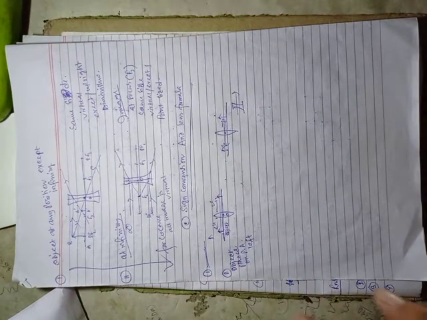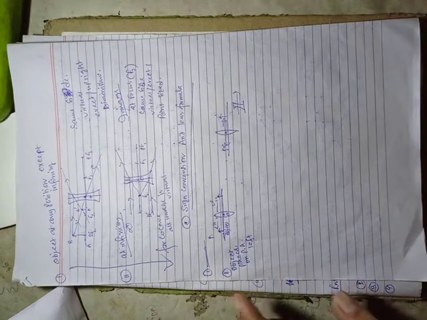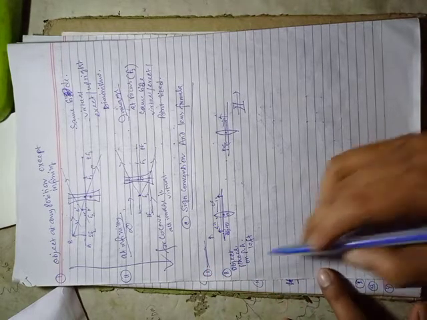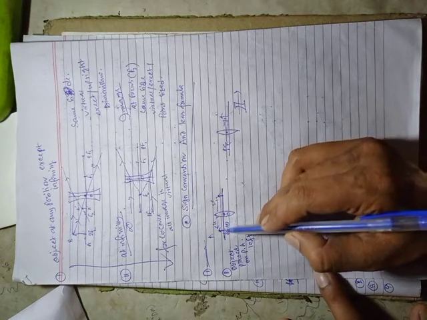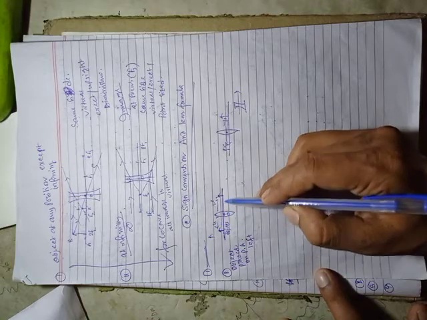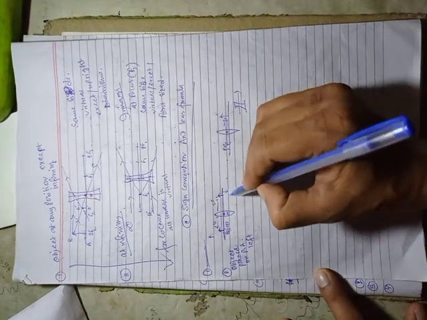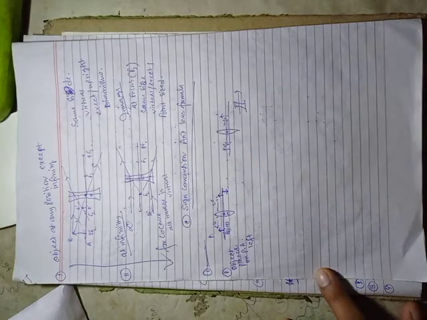So remember three points. First, the optical center is the origin of the coordinate system. Second, the object is always placed on the left side. Third, the distance from the optical center to the object is u, and from the optical center to where the image forms is called v. You just remember this.